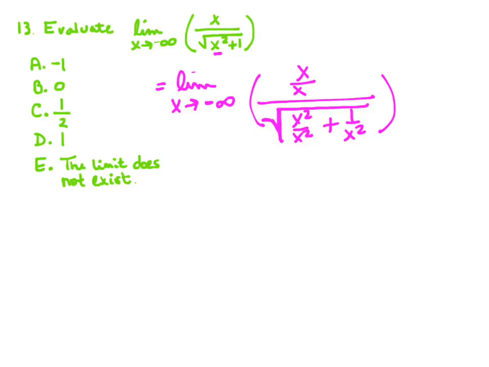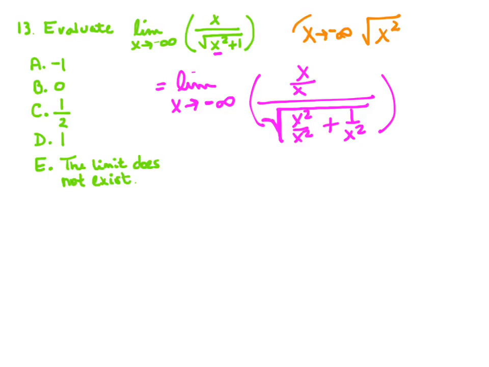Let's think about this. The highest power of x that I have in the denominator is that x squared, but it's under the square root. And so what we're doing here is we're dividing everything by the square root of x squared, because that's the highest exponent on x that I have in the denominator. But keeping in mind that in this scenario, x is going to negative infinity.